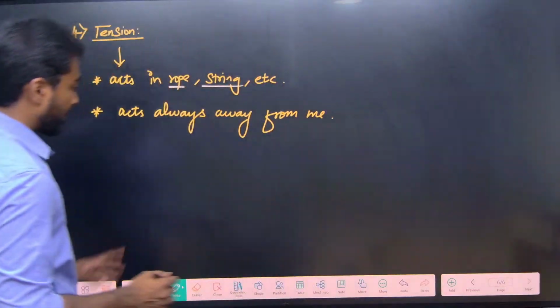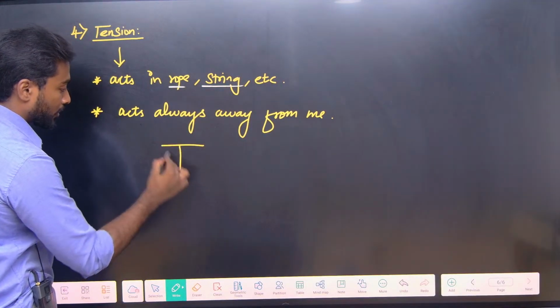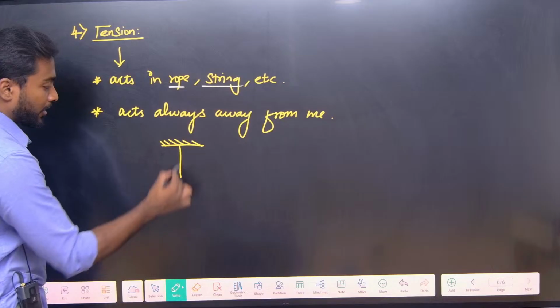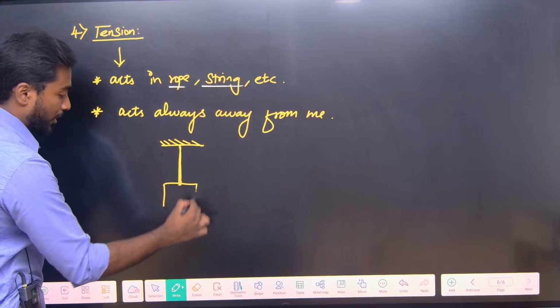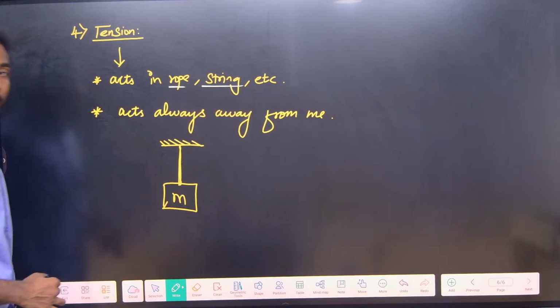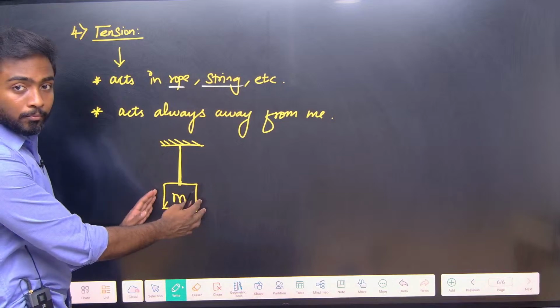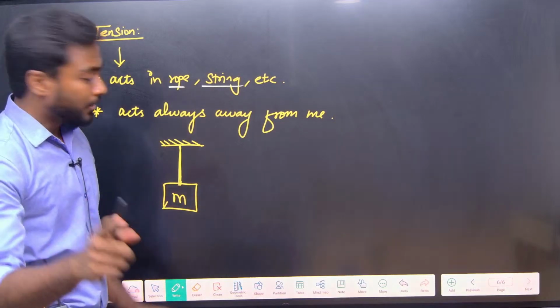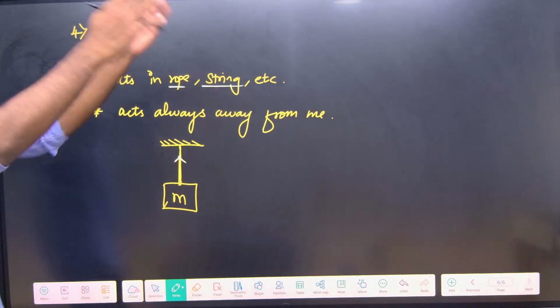Okay, for example, there is a ceiling, we have a rope, and in that rope we have kept an object m. So here this is you, and what did I tell? Tension is always away from you, no? It's going away from you.